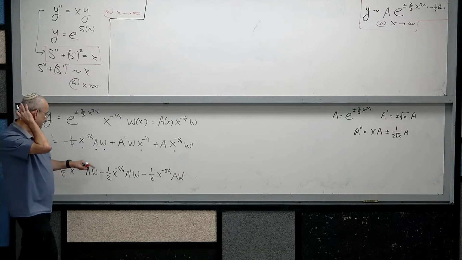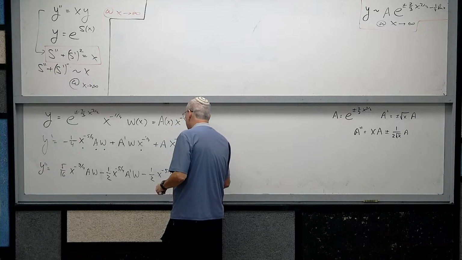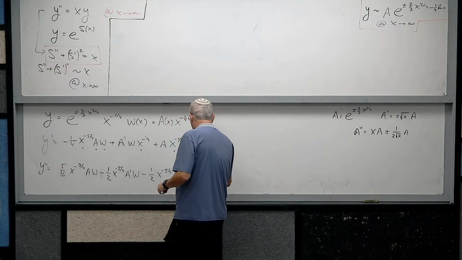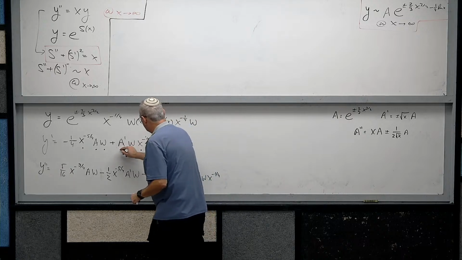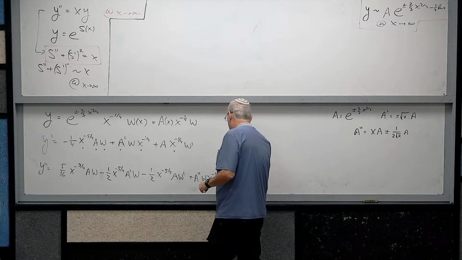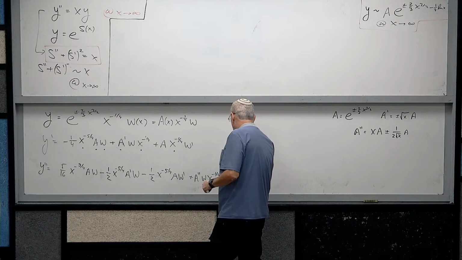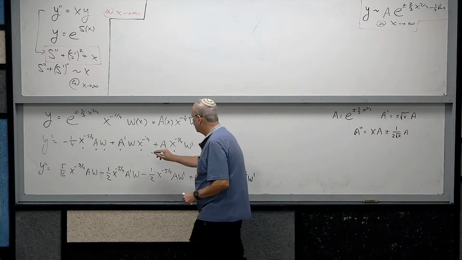Now what remains? Now I have plus A double prime W x to the minus 1/4. So I took the derivative here. And I have plus A prime x to the minus 1/4 times W prime when I take the derivative here.